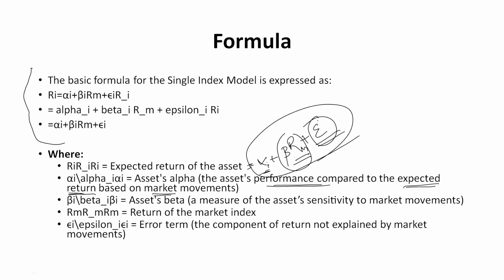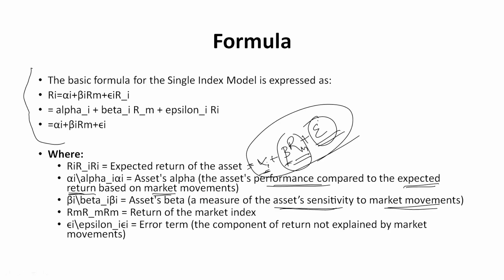Then the second part of it talks about the beta factor. Beta is nothing but the sensitivity of the asset in comparison to the overall market movements. So, I have already discussed this in CAPM, where beta is the factor which can have an influence on the market return.